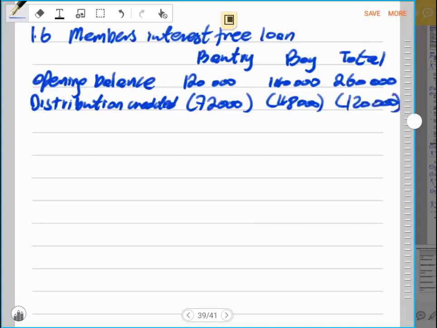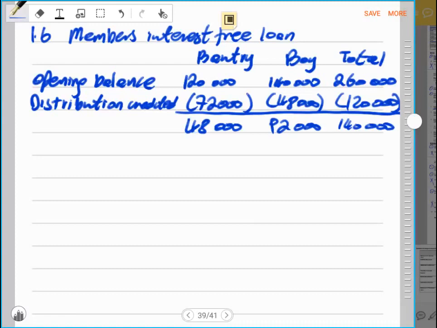Then after we are done with that, there was no repayment and no loan advance during the year, so we can just draw the line. Then we get to the closing balance of 48,000 rands and the closing balance of 92,000 rands, and the total will be 140,000 rands.